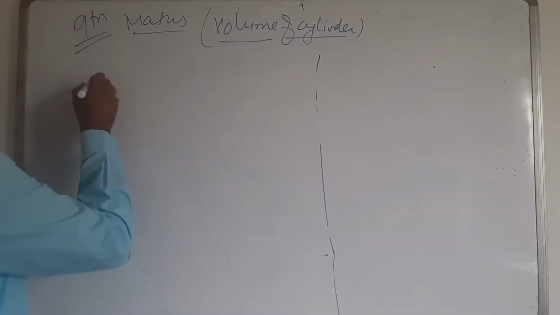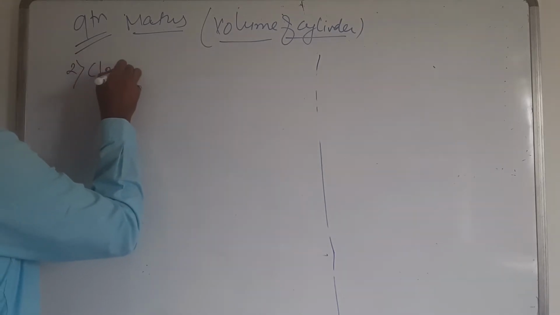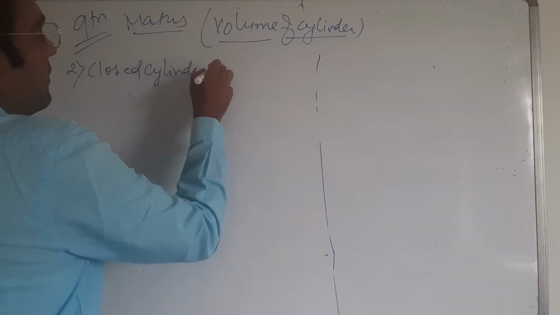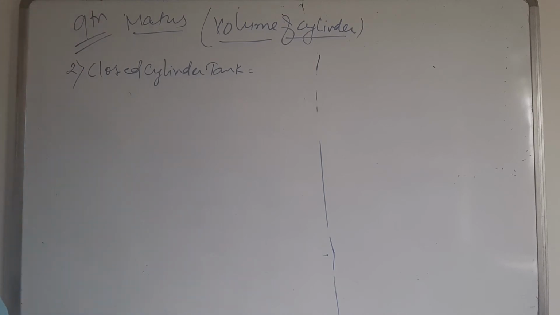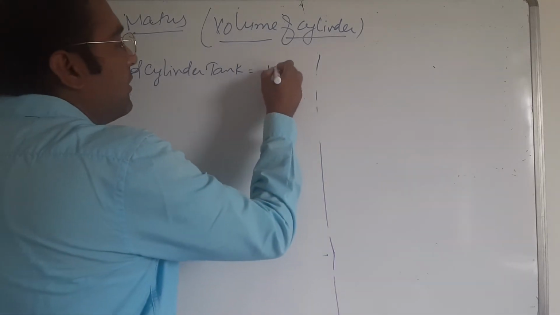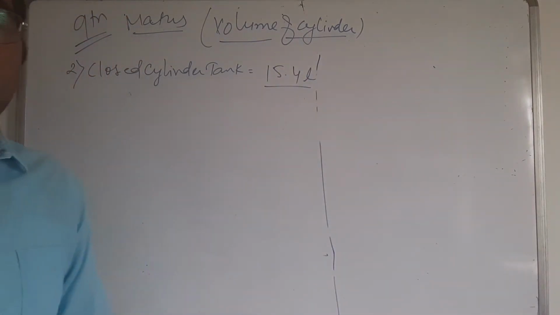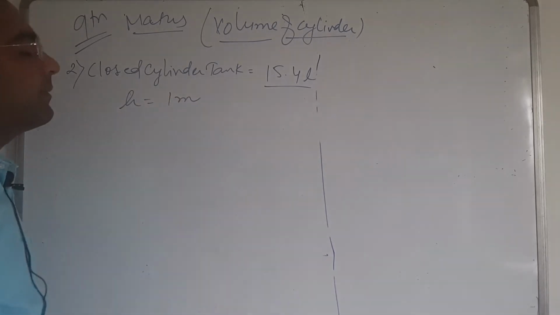So I take the closed cylindrical vessel as a closed cylindrical tank. The capacity is given, that means the volume is given, 15.4 liter. The volume of the tank is 15.4 liter, and its height is 1 meter.